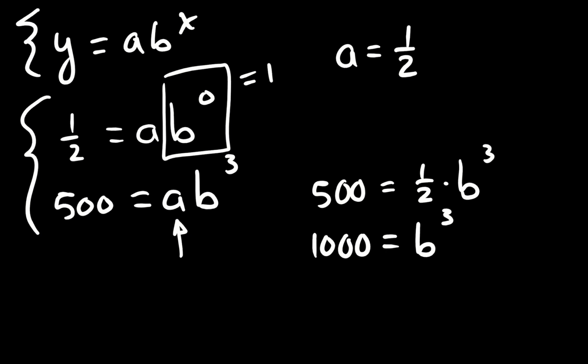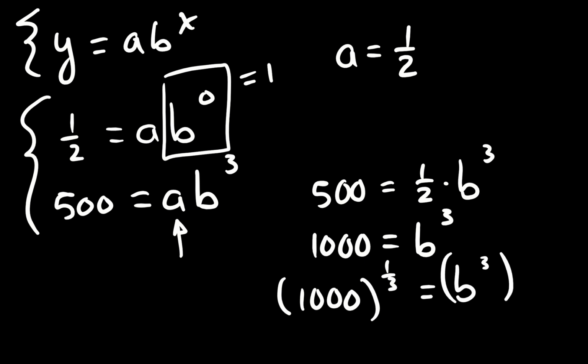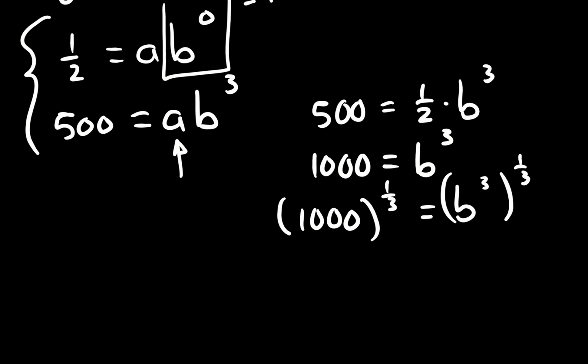You can either think about the cube root or raising to a power. I'm going to raise both sides to the 1/3 power. So 1,000 to the 1/3 power equals b to the third to the 1/3 power, which is my friend b, my multiplier.